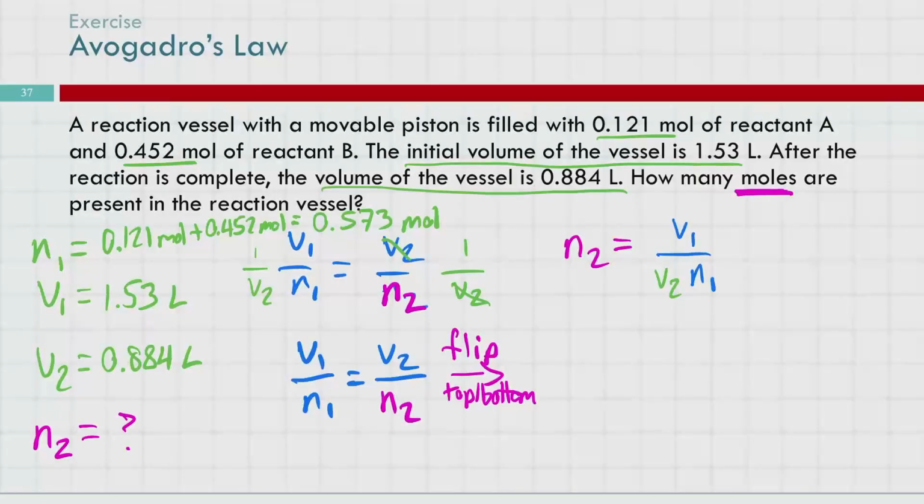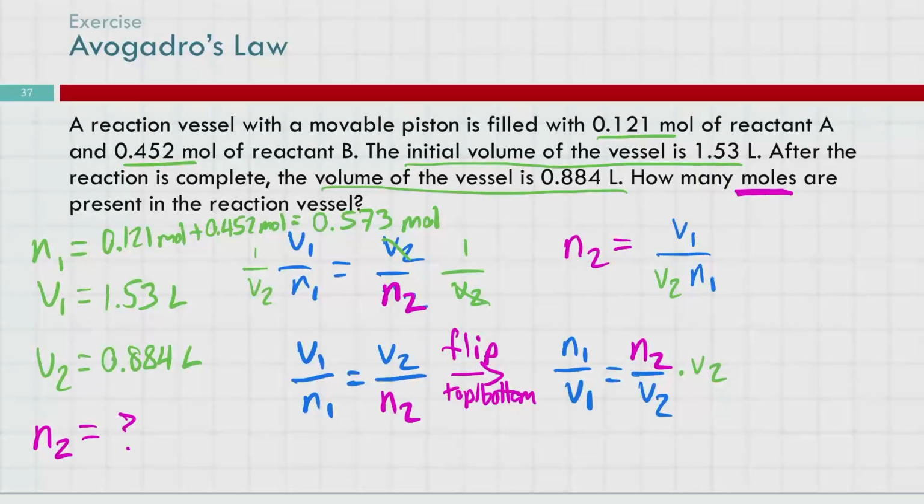So we flip the top and the bottom. So now the left side is N1 over V1, and the right side is N2 over V2. And now N2 is up on top, and so if we get rid of the V2, N2's on top of the numerator. It's where we want it to be, and we won't have made a mistake.